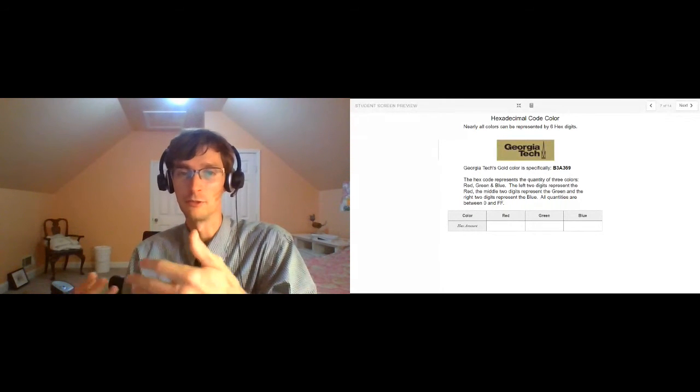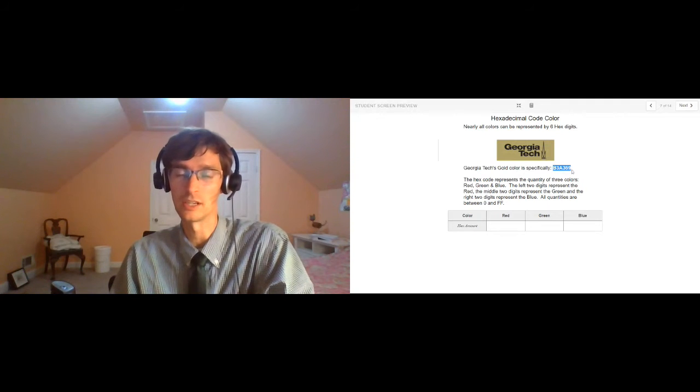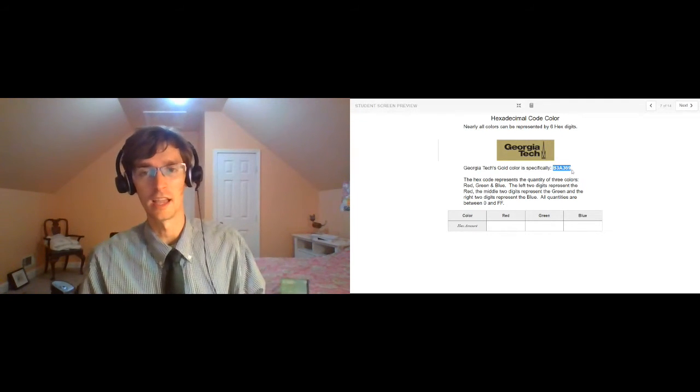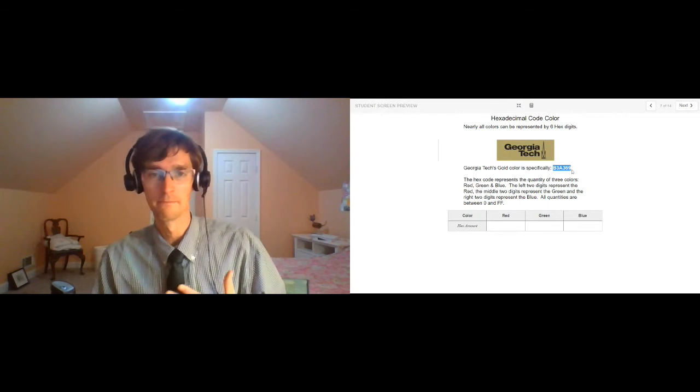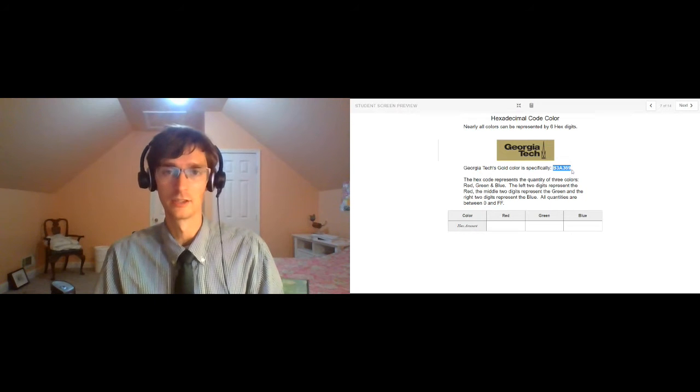There's this very particular color, and it's got this code here with letters and numbers, and this is hex. So bear with me if you're familiar with hex and you know all this already. Let's treat it like a CS Ed week situation.